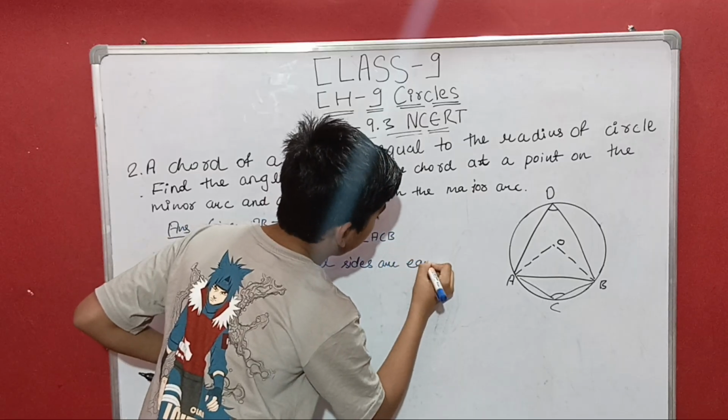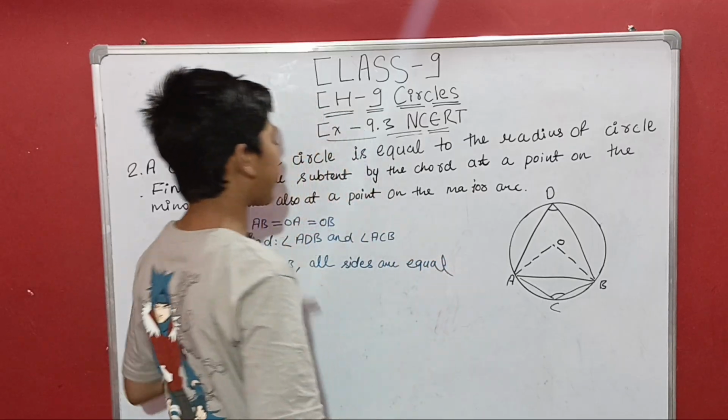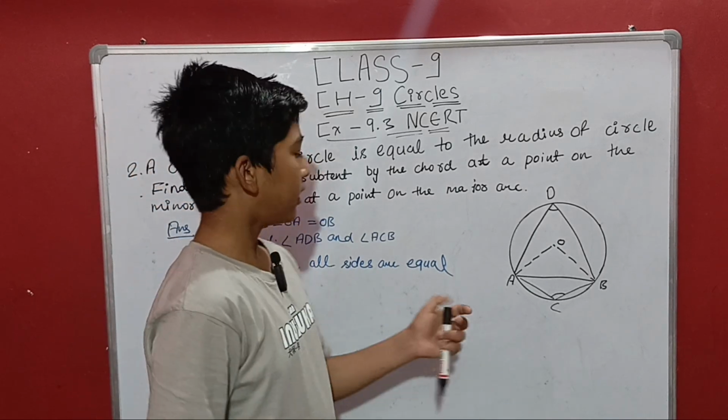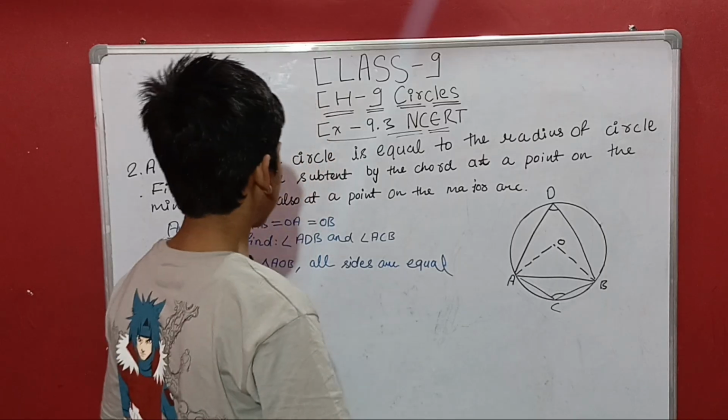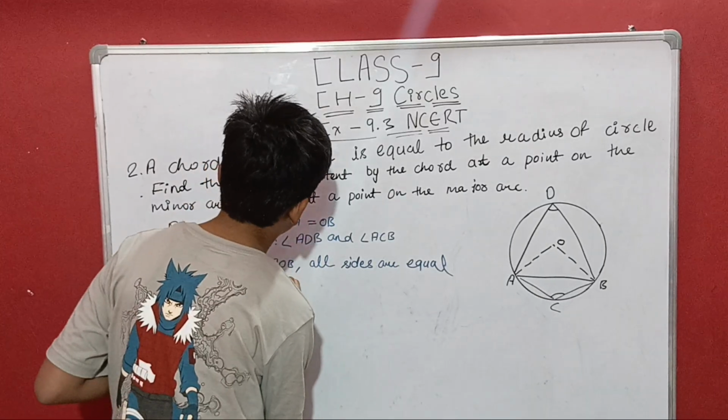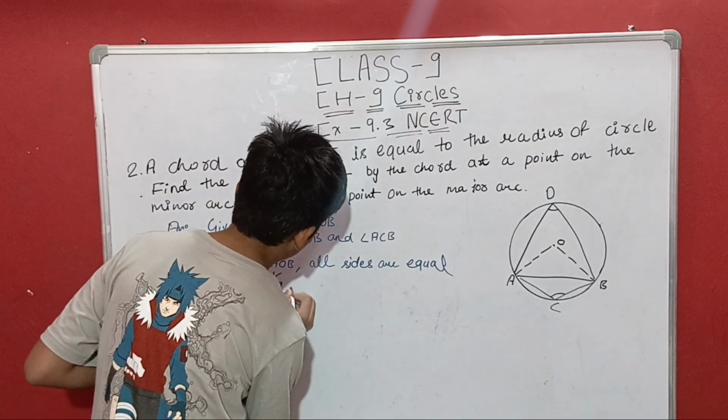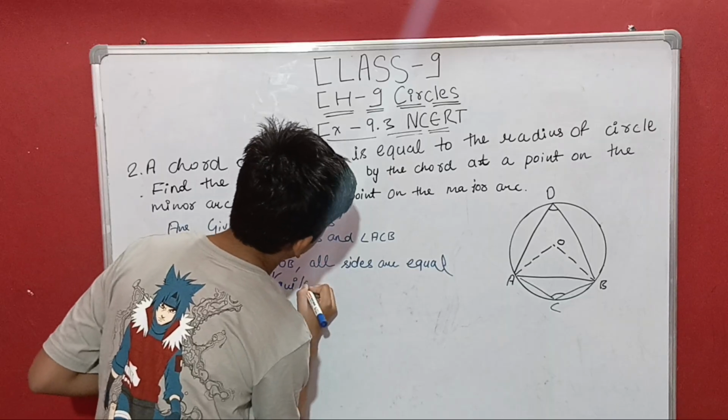And if all of the sides of a triangle are equal to each other, then the triangle is an equilateral triangle. So this triangle will be an equilateral triangle.